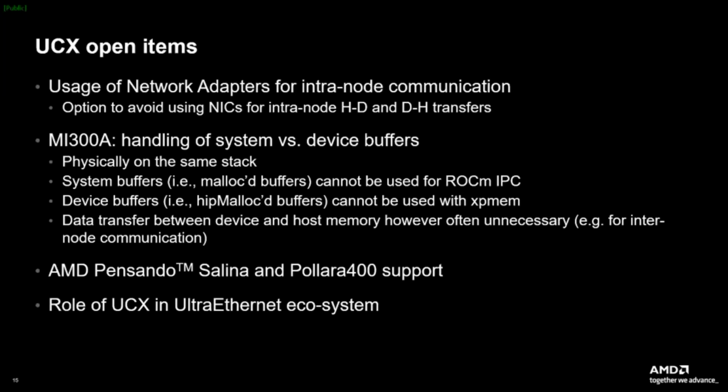So another item on the to-do list is that our own NICs through the Pensando team are currently being brought up. And we will have to revisit that also in the UCX context. I think some of the challenges that we will have there are similar to some of the discussions that were on mailing lists a couple of weeks ago with another vendor.